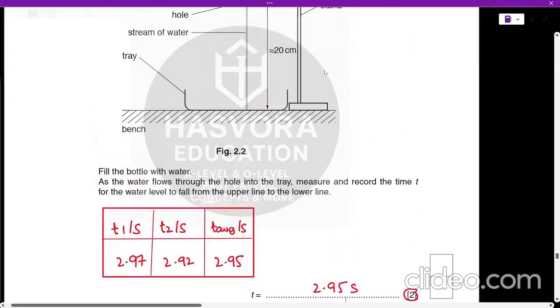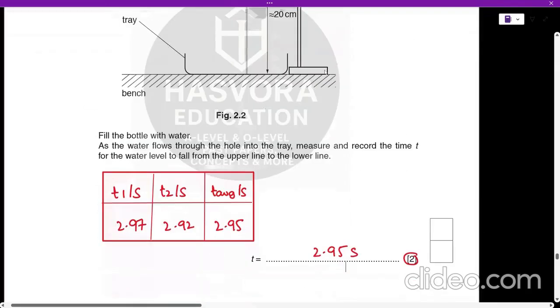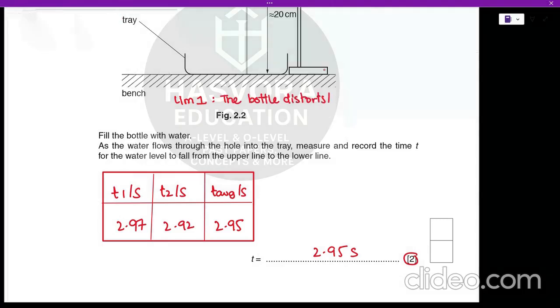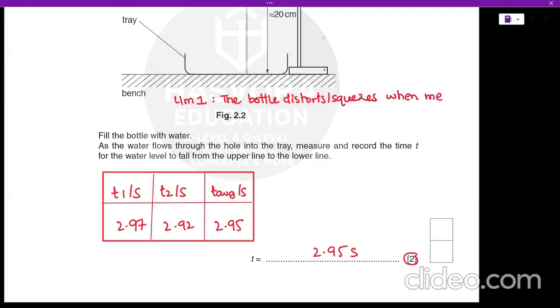Now, what can be the limitations in this part? For example, when we were measuring the diameter, as it is made from plastic, the limitation can be that the bottle distorts or squeezes when measuring the diameter.